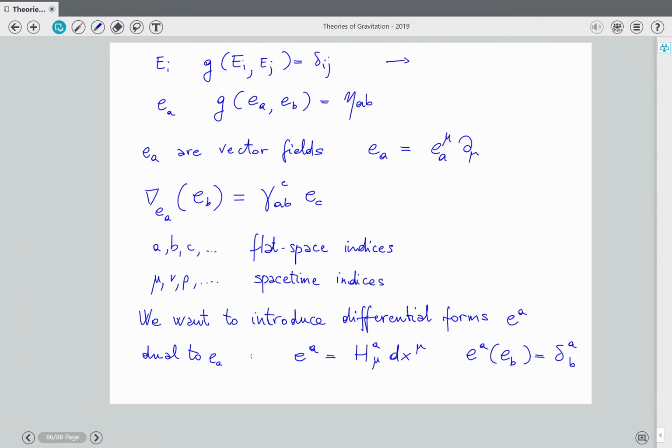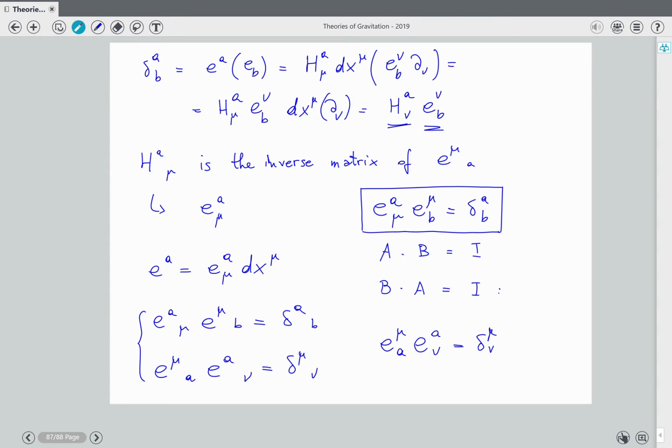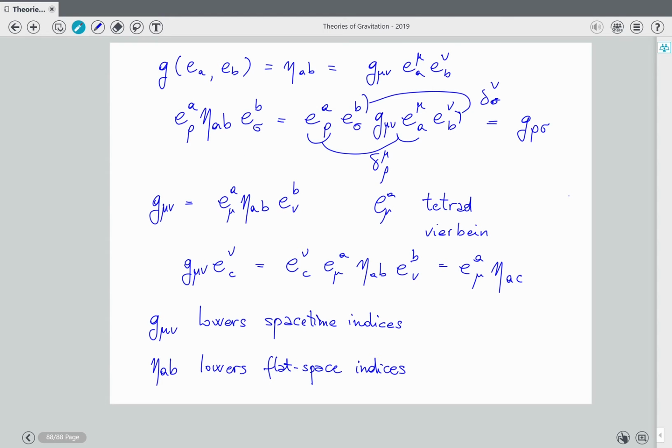So for example, we started to convert the vectors E_A into differential forms, E subscript A. And then we will do the same with the torsion and the curvature and the connection.